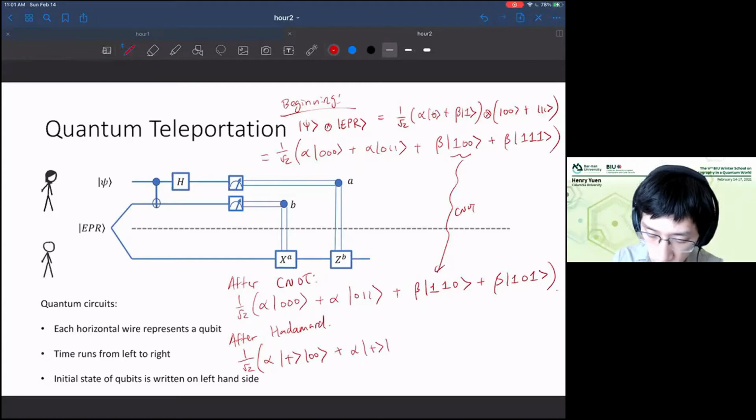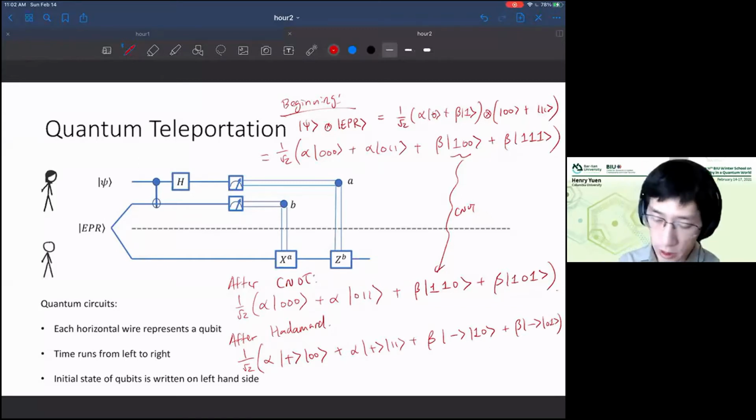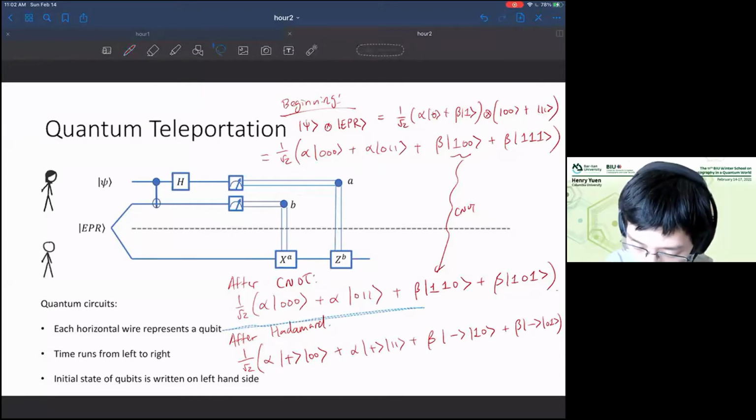Alpha plus 1, 1 plus beta. And the 1 state turns into a minus state. 0, 1. Okay. So that's the state of the system after the Hadamard. All right, let me copy this so I can use it for the next page.